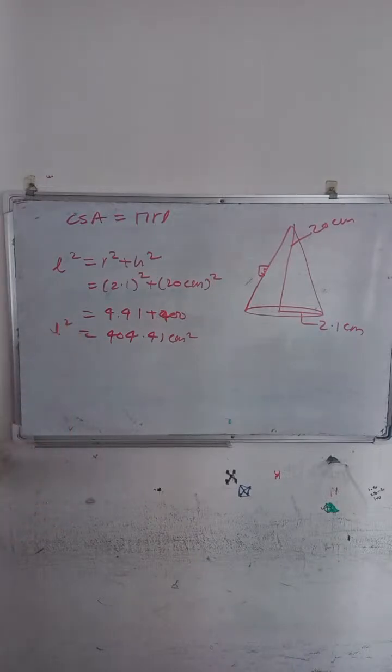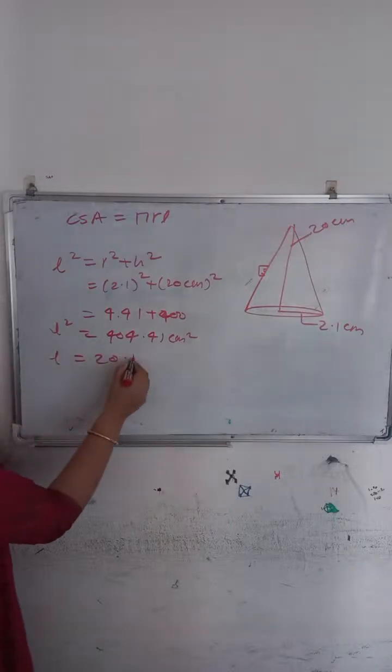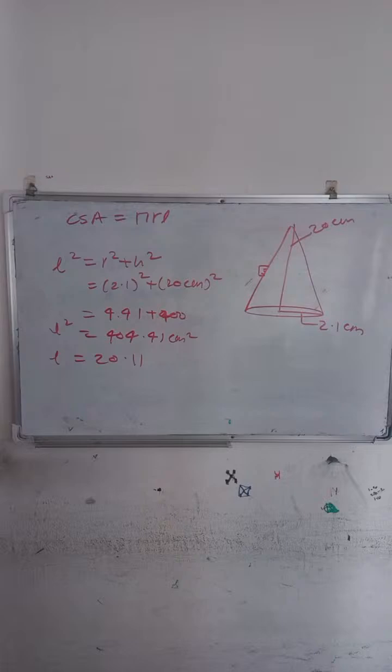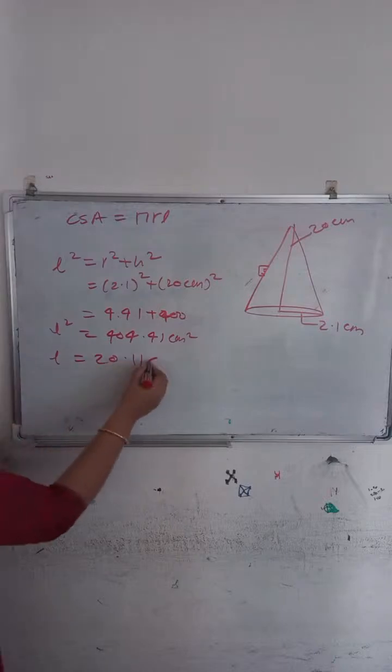I want to calculate l here. So how to calculate l here? Either you can go for prime factorization, or l is the square root of 404.41, which is 20.11 centimeter.